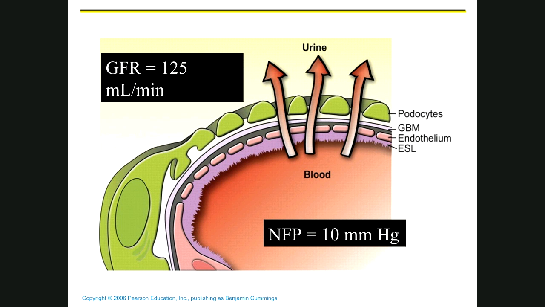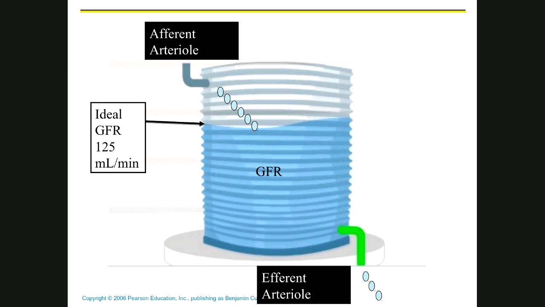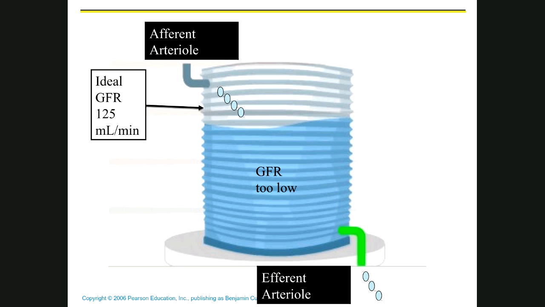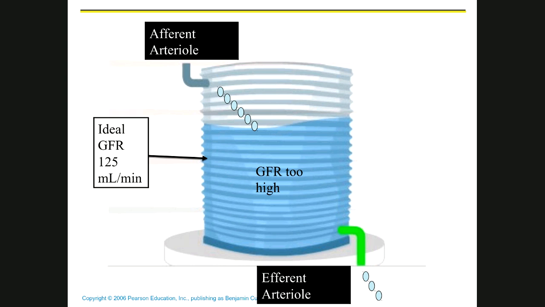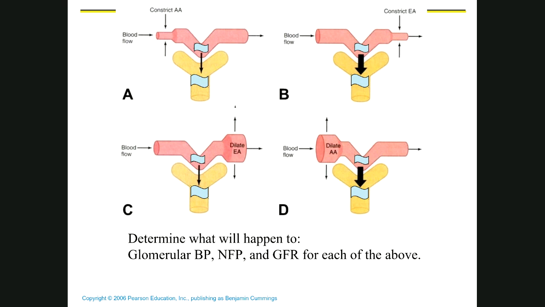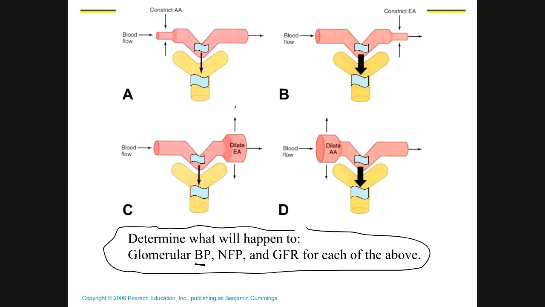That's exactly how we're going to change GFR. So look at this. I want you to try to figure these out. So what I want you to do is try to determine what's going to happen. Figure out what's going to happen to blood pressure in here. What's going to happen to net filtration pressure? Remember, that's the number, the 10. And then what's going to happen to GFR?